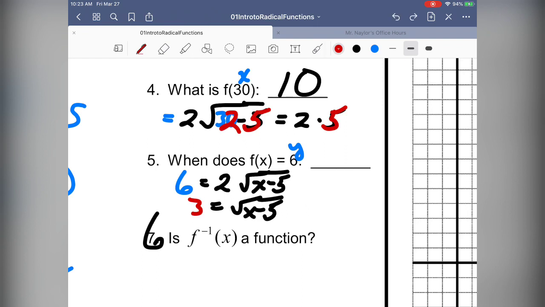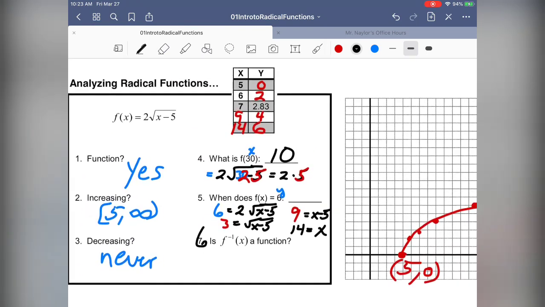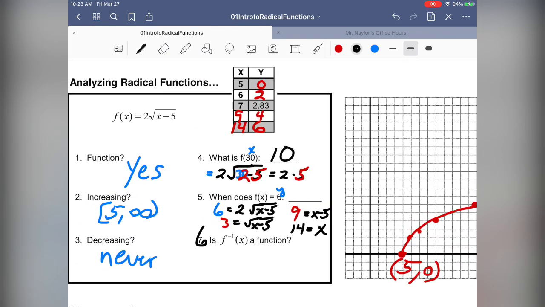And I'm kind of running out of space here, but we'll write 9 equaling x minus 5 so that we can add 5 and get our final answer, 14. Now, what has really happened here is that we verified what we already found, and that is that when the y value is 6, the x value is going to be 14, the exact same thing we found from our table.